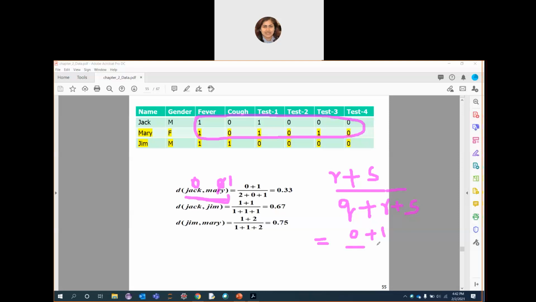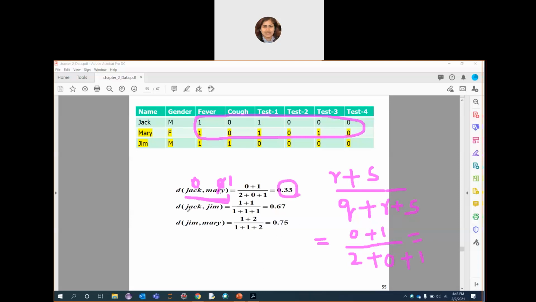So 1 divided by Q. What is Q? Q is the number of attributes that is equal to 1 for both of the objects, Jack and Mary. So how many times do you have? 1, 2, 2 times. Again, what was our R? 0. What is S? S is 1. Okay. So total, you will have this much.